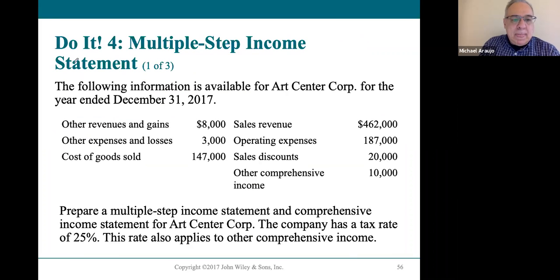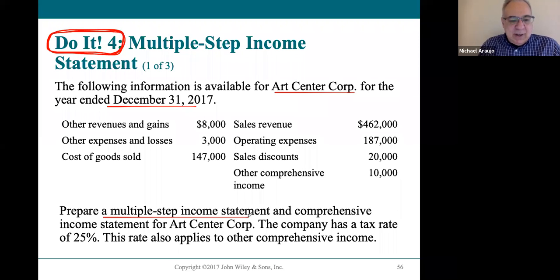It's important. So again, one of the things that you'll be doing that's going to take a little bit of time, but not a ridiculous amount, is setting up the multi-step income statement. And here we have an example for an arts center corporation that ended their year on December 31st, 2017. They're going to ask us to prepare the multi-step income statement. You kind of know how it goes, right?